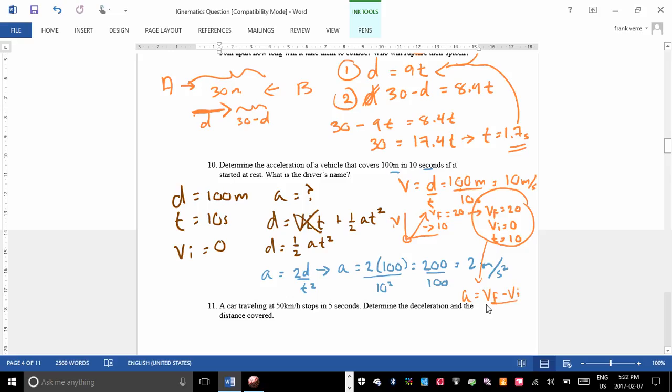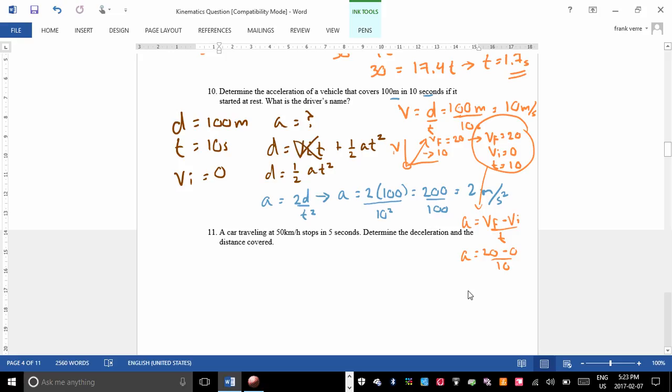So VF is 20, VI is 0, time is 10, and you can see that we would get 20 over 10, which is also 2 meters per second squared, which is the same as the other answer. So there's just two different ways of solving this question.